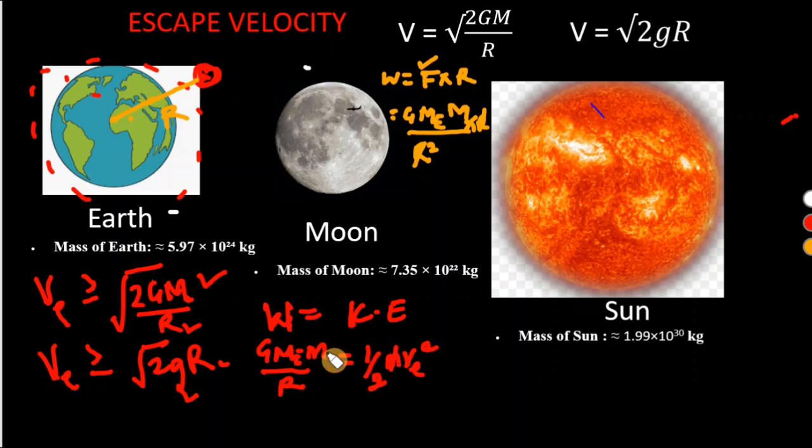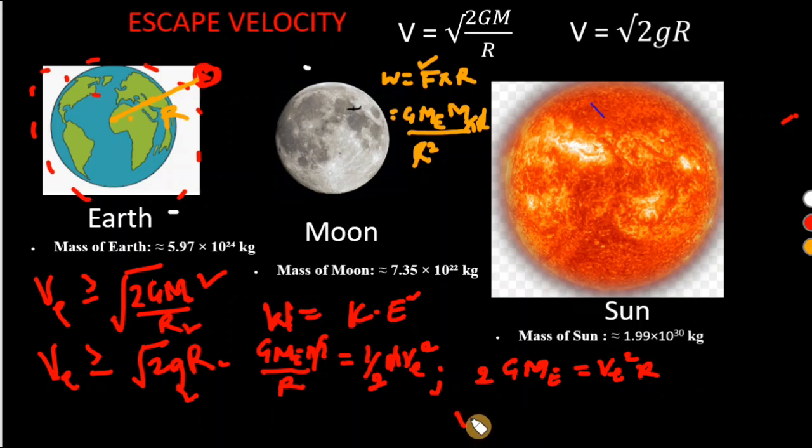This m cancels. Of course, this is the loss in kinetic energy for the body that is to escape. So if we cross multiply, we have 2GMe equals Ve squared r.